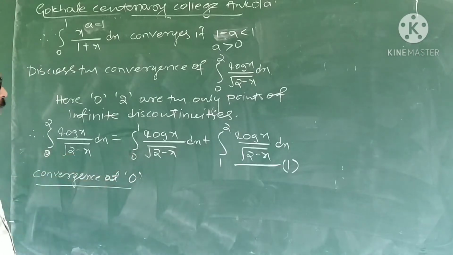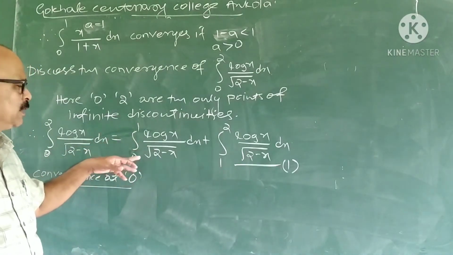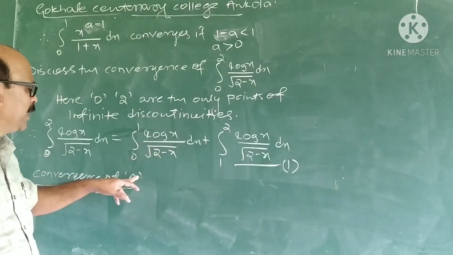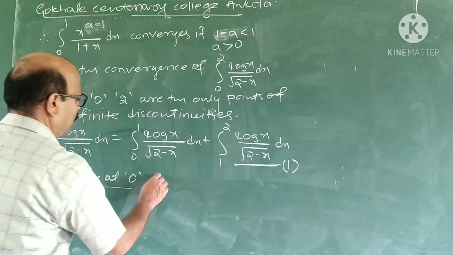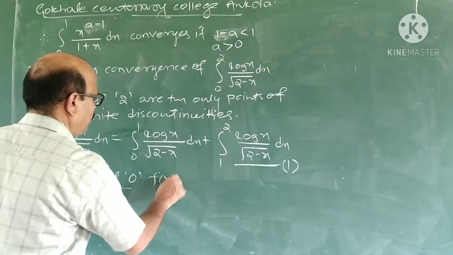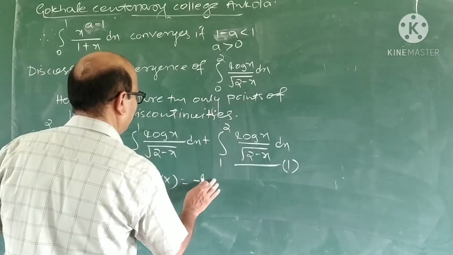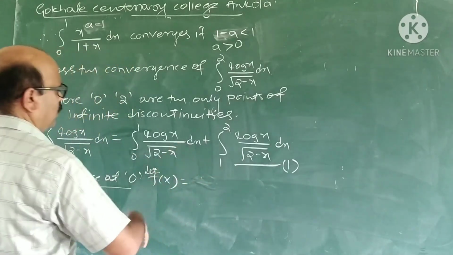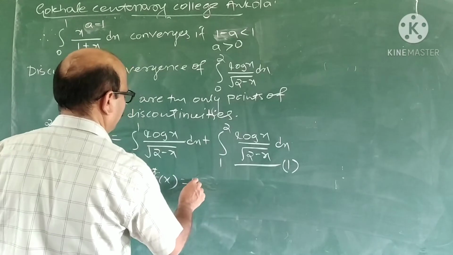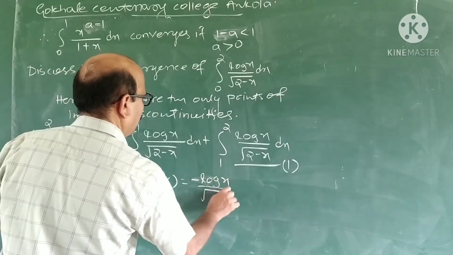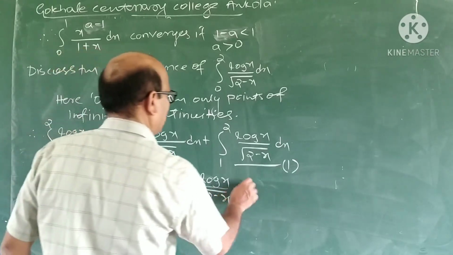Now, the comparison test is only for positive integrals, and in 0 to 1 log x is negative, we take minus log x. Therefore, we consider f(x) is minus log x by square root of 2 minus x.